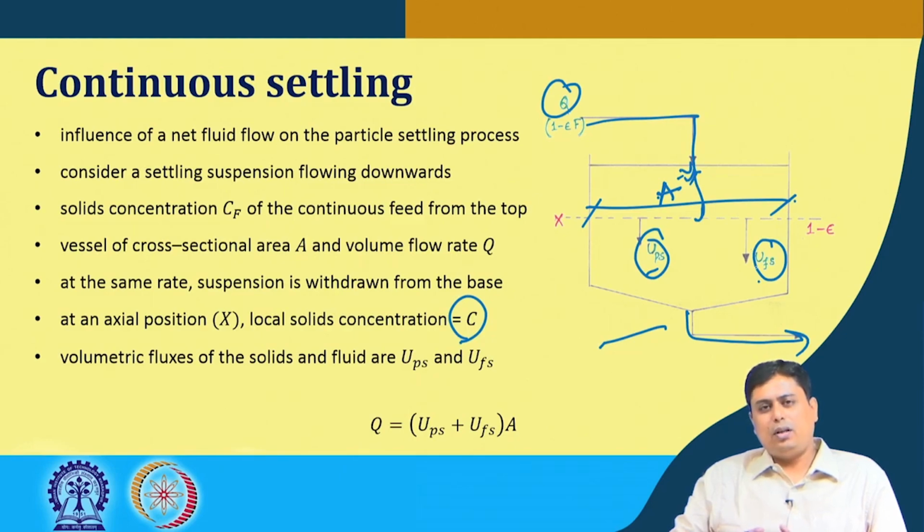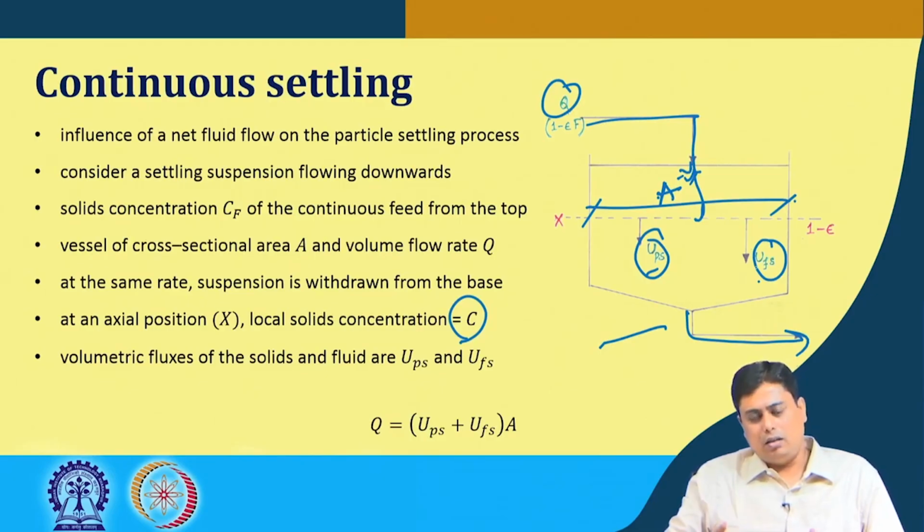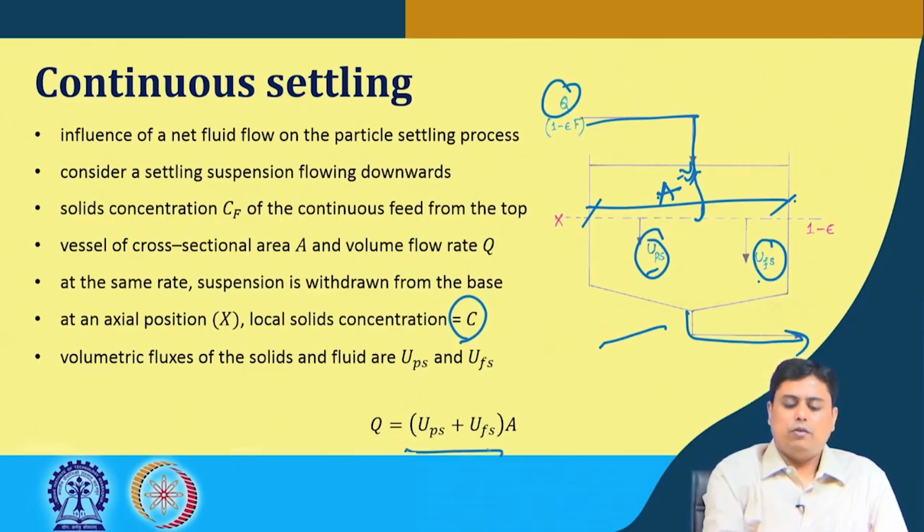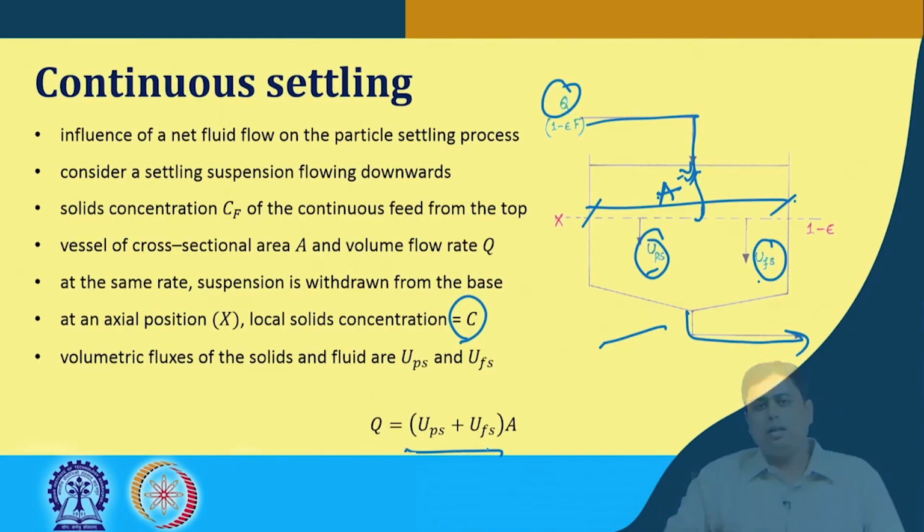If we consider this information, then at any point in the vessel of this continuous operation, by continuity we can write Q equals the volumetric flux multiplied by the cross sectional area.